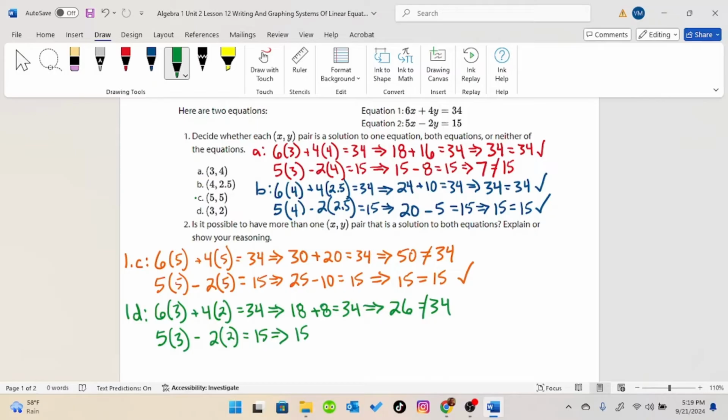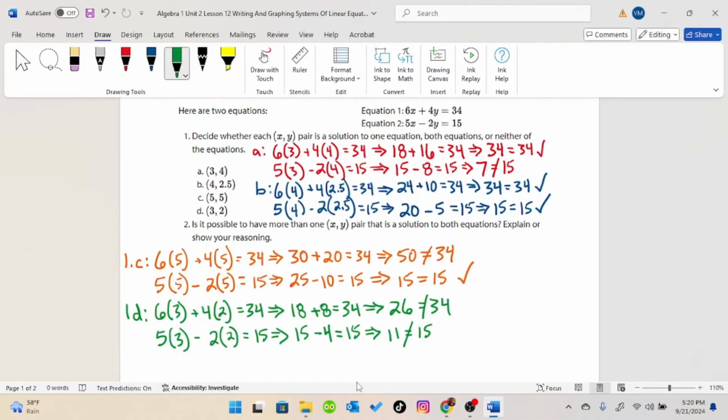Negative 2 times 2 is negative 4. And 15 minus 4 equals 11. And 11 does not equal 15. So D does not solve equation 1 or equation 2.